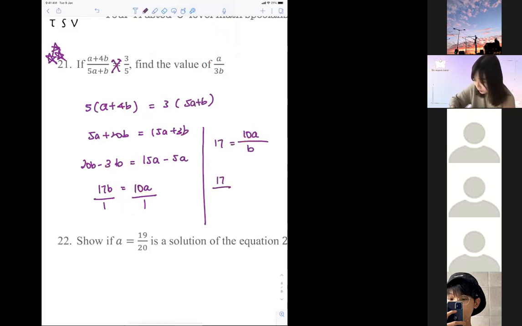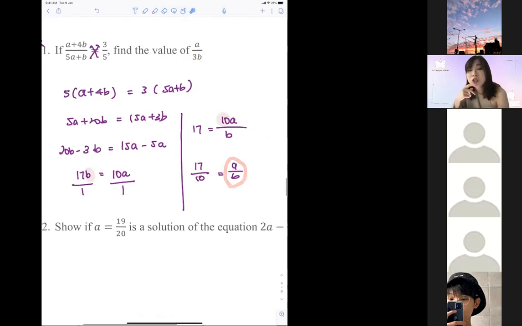So bring over. Then you have a 3 at the bottom. So if you see a fraction, fraction times fraction is top times top, bottom times bottom. So you times the fraction. On top is just 1a, so just put 1. Bottom is 3b, so you want the number 3 at the bottom, you put 3.